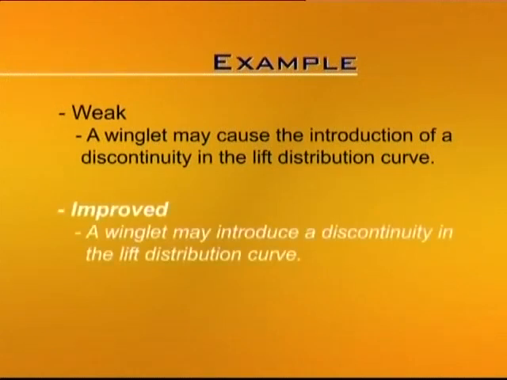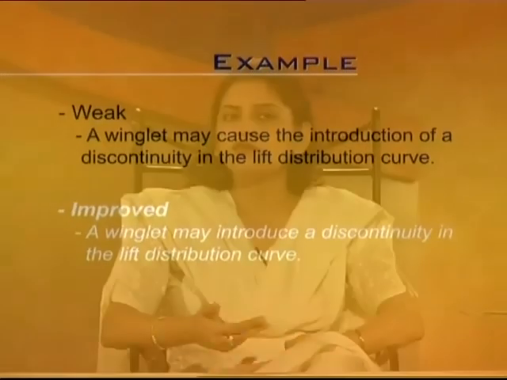An improved version would be, a winglet may introduce a discontinuity in the lift distribution curve. यही चीज़ हमने जब verb को directly बोला तो winglet may introduce, बस एक लफ्ज़ के साथ ही हमने जो बात 3-4 अल्फाज़ में की थी, cause the introduction of, वो हमने एक लफ्ज़ में कह दी.